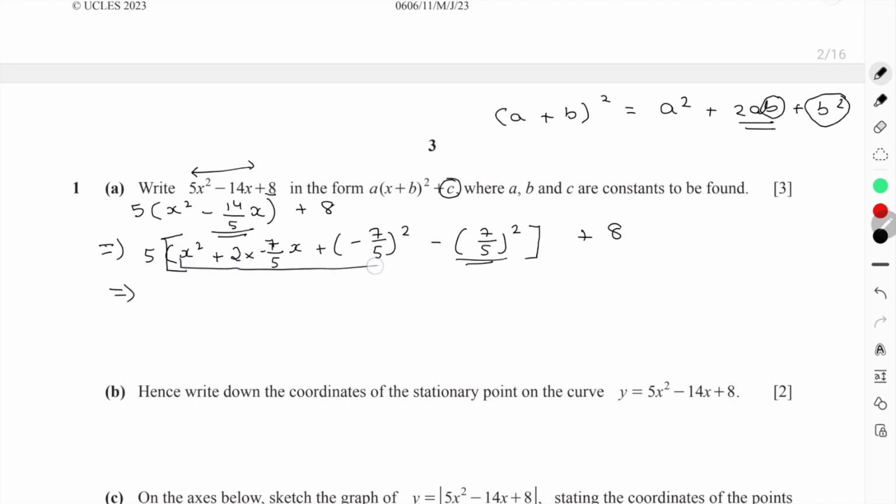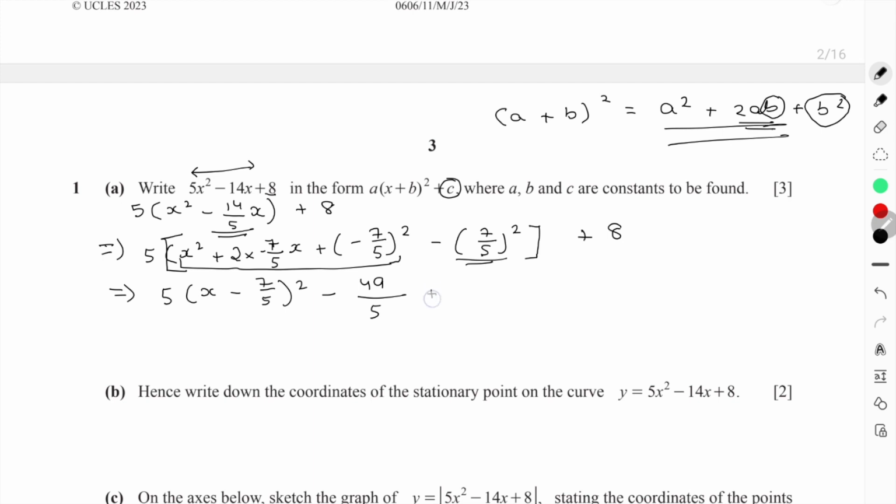And now this is in the form of this. And so we can rewrite this as 5 into (x minus 7 by 5) whole squared. And then this is going to be minus 7 squared is 49 divided by 5, because 25 into 5, so 1 by 25 into 5 is just going to be 1 by 5.